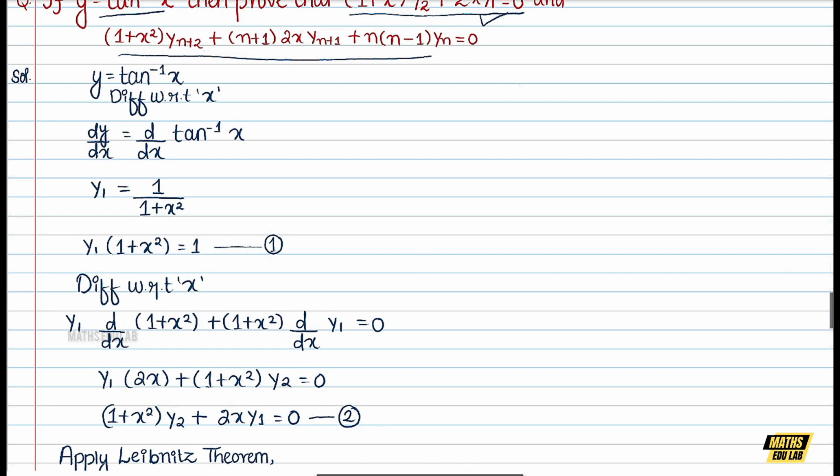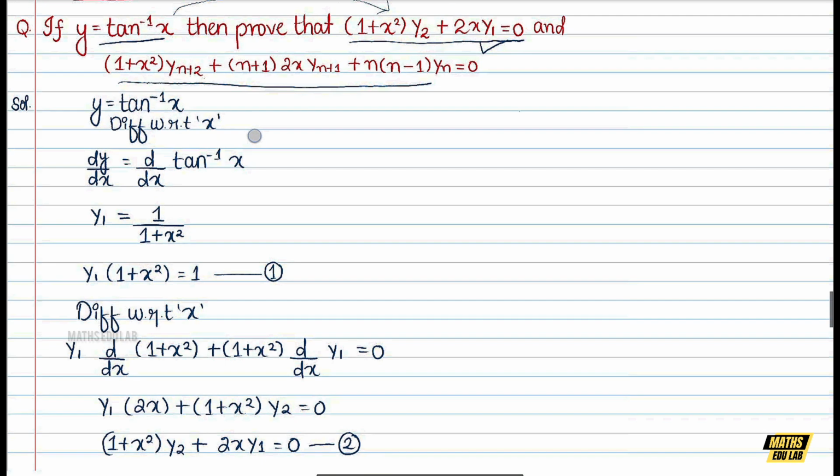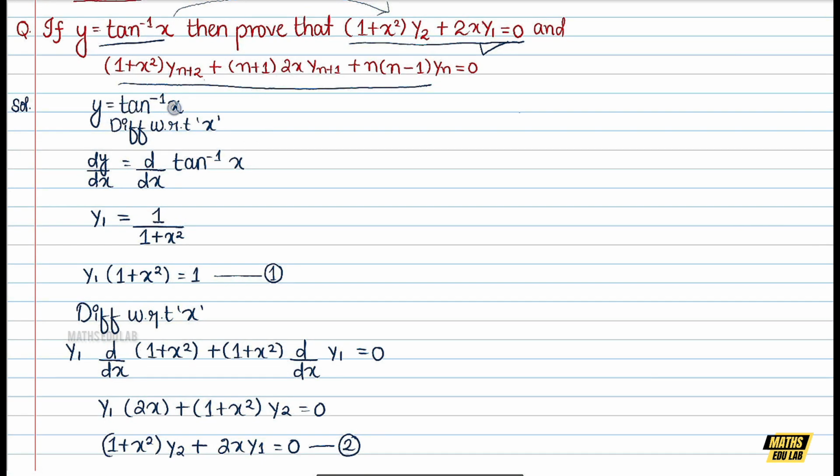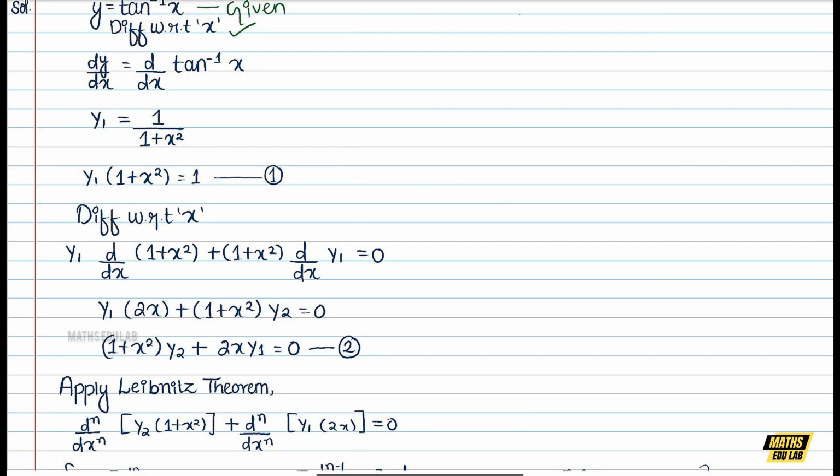So here it is given, which is already given in the question, that y is equals to tan inverse of x. So we will do the derivative for this particular given equation with respect to x, and we know the notation for dy by dx is y1, and similarly if we do the derivative for y1, you will get the value as y2 and so on.